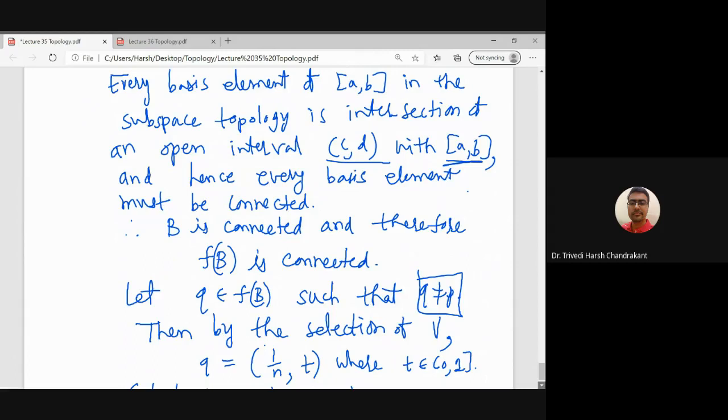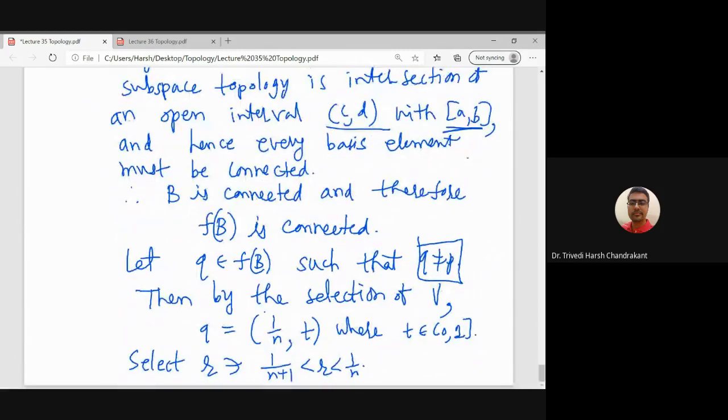and if you take any point Q in f of B such that Q is different from P, we already observed that f is a continuous function from the closed interval AB to the deleted comb space such that f of A is P. So if f of B contains any other point Q which is different from P, then by the selection of V. So what is the selection of V?